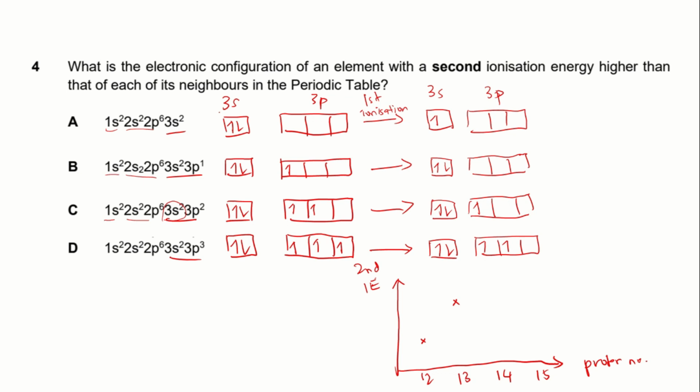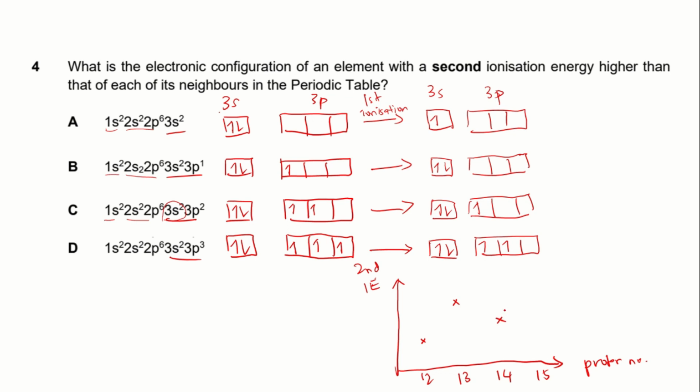Remember, the 3p subshell is slightly further away from the nucleus compared to the 3s subshell. That is why it is easier to remove electrons from the 3p subshell compared to the 3s subshell. So between B and C, B has higher second ionization energy. So for C, the ionization energy will drop from B.